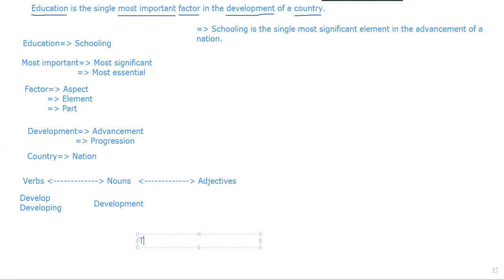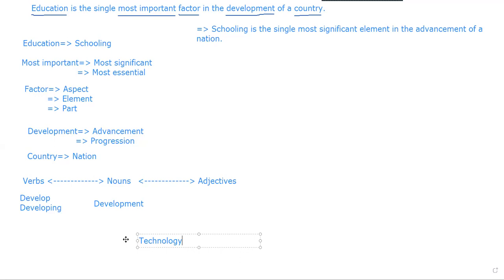Can you tell me technology? Which part of speech is this word, technology? Noun. Noun, exactly. This is a noun. Okay.